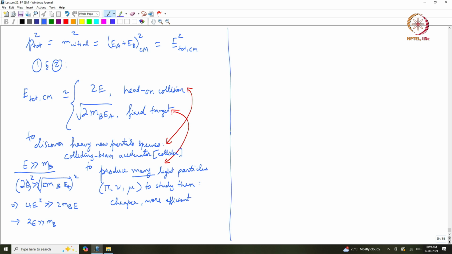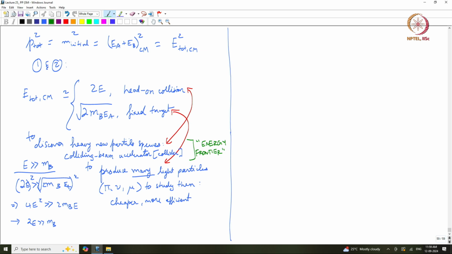So, let me wrap up this lecture by giving a couple of names for these 2 configurations. The efforts that people put in to build this kind of stuff, it is known as the energy frontier in particle physics or collider physics.